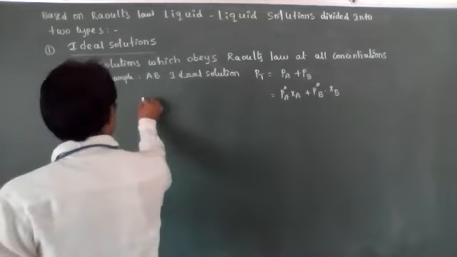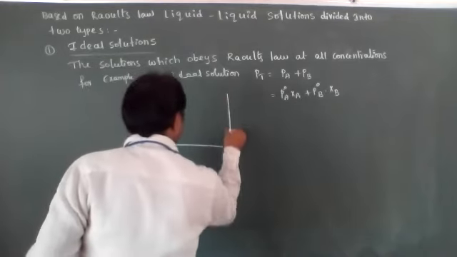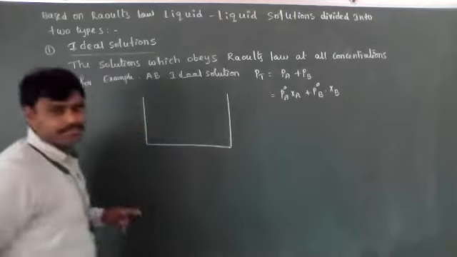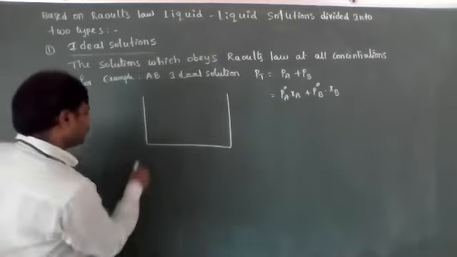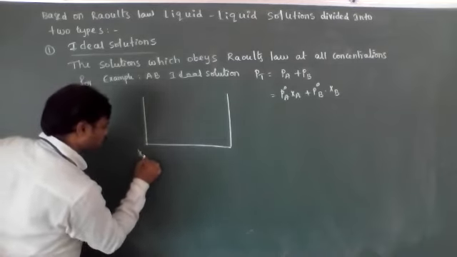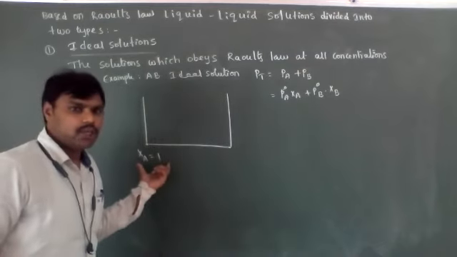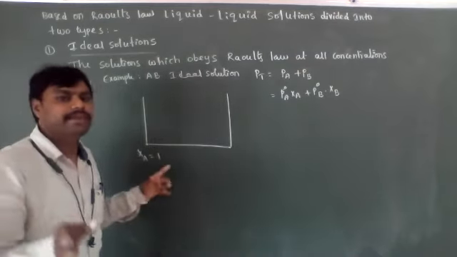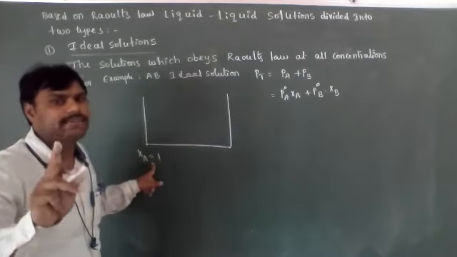Now let's see the graphical representation of ideal solutions, dear students. Take the y-axis and the x-axis. At this point, the mole fraction of A is equal to 1, which means the solution contains only one component, A, in the pure state.